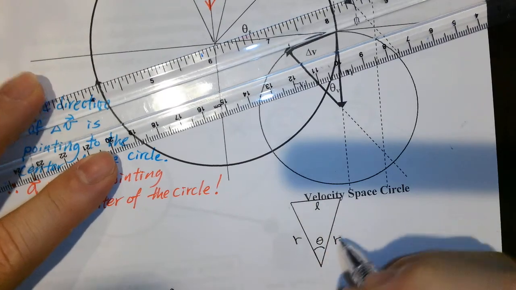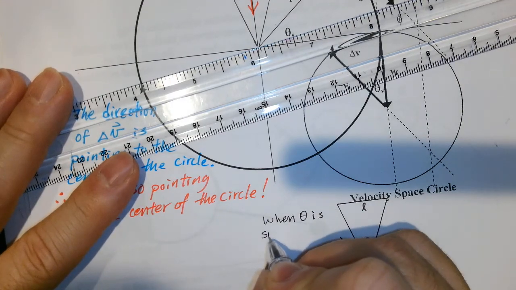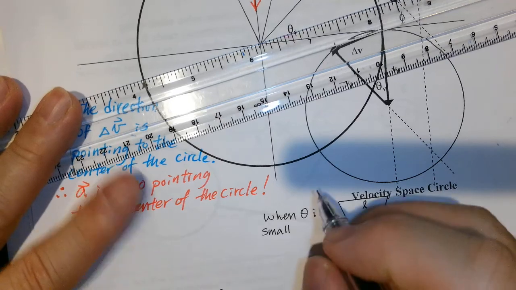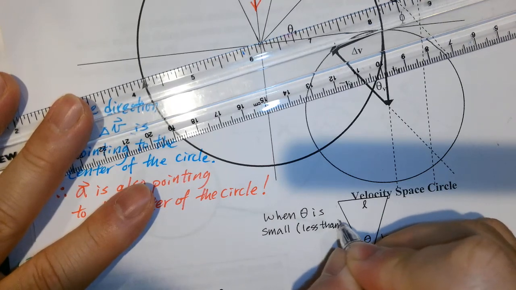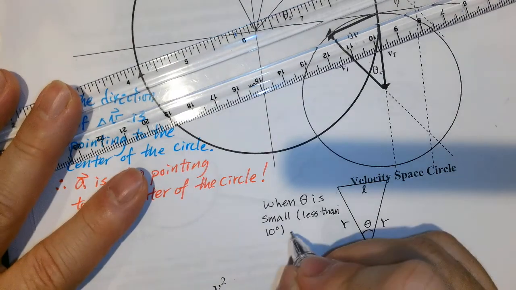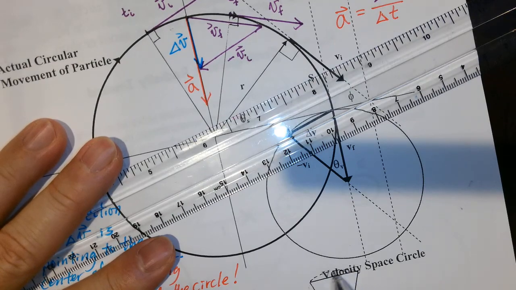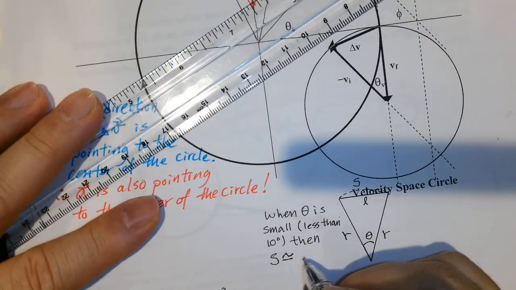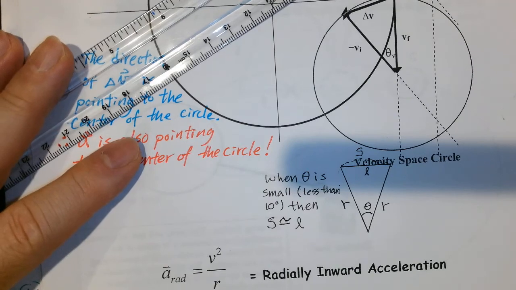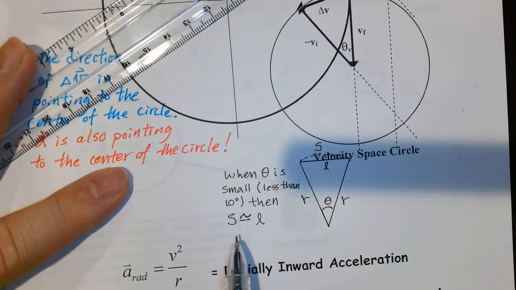And when theta is small, and when I say small, I mean less than 10 degrees, then the arc length, the dotted line, is the arc length S. Then arc length S is pretty much congruent to L. Okay, so this arc length and this L are pretty much indistinguishable.